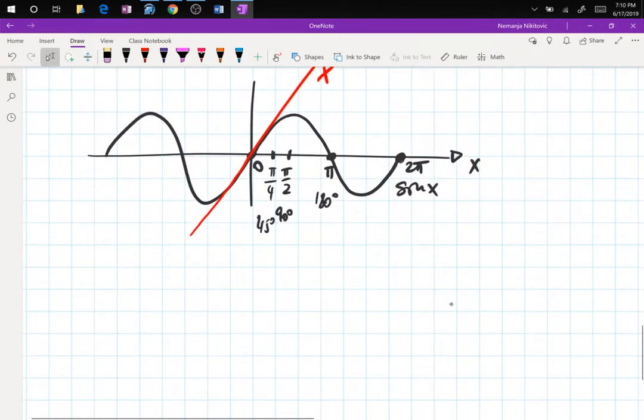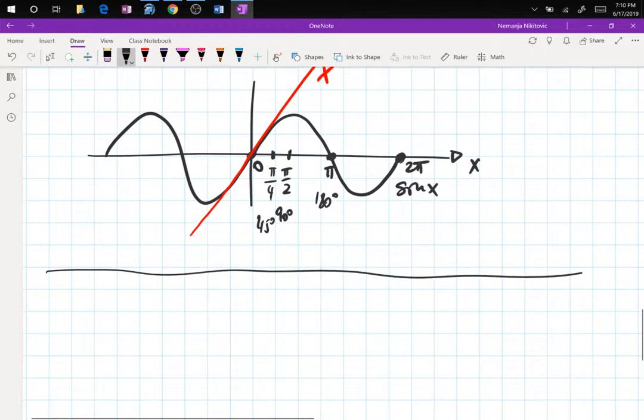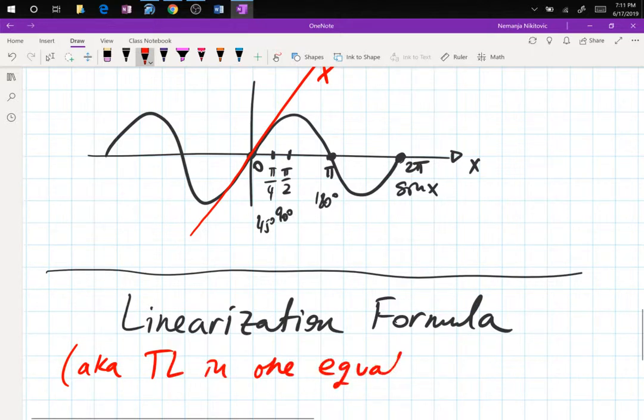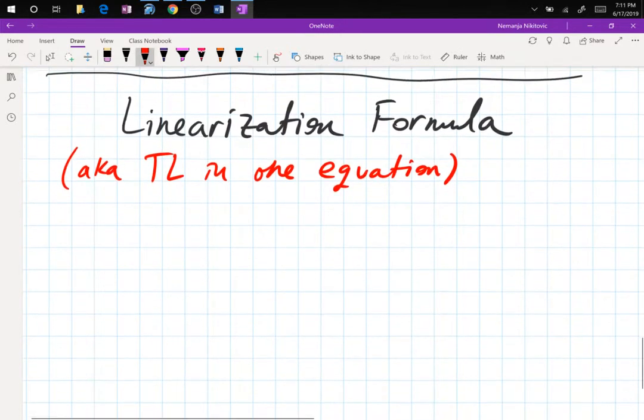So we have now two things left, right? One is to write down the linearization formula, aka the tangent line in one equation, rather than having the full procedure.